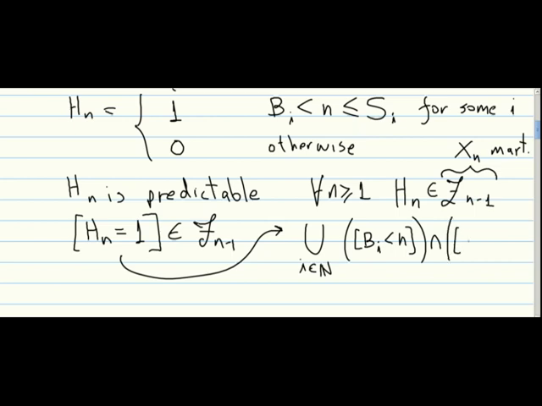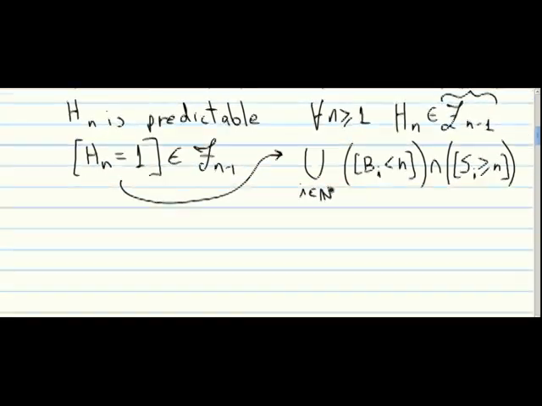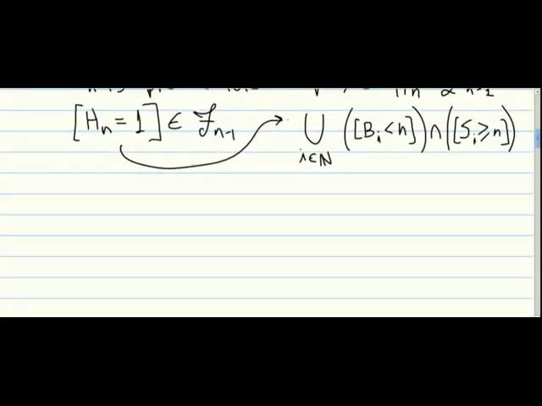So event Si bigger or equal than n. So this is all we have to prove, that this is Fn minus 1 measurable. And the way we do this is showing that everything that is involved here is Fn minus 1 measurable. So this in the end is going to be only unions and intersections of Fn minus 1 events.